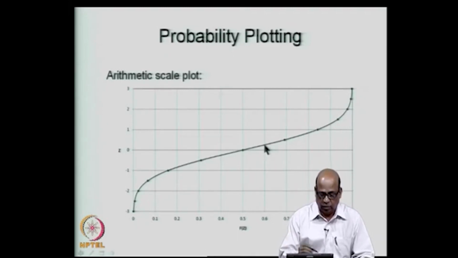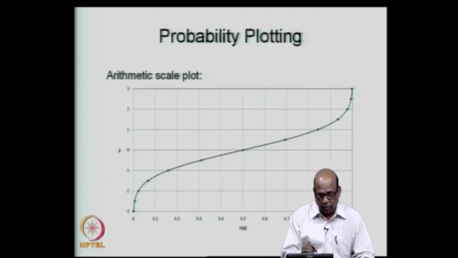How do we do that? We take a straight line passing through z equal to 0, F of z equal to 0.5. We plot a straight line and then transform the associated coordinates of F of z from this curve to that straight line, that is all.